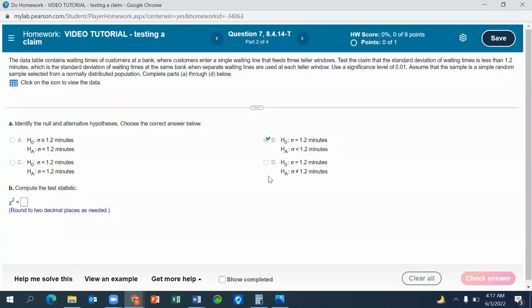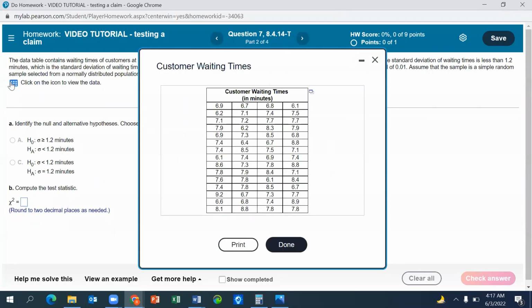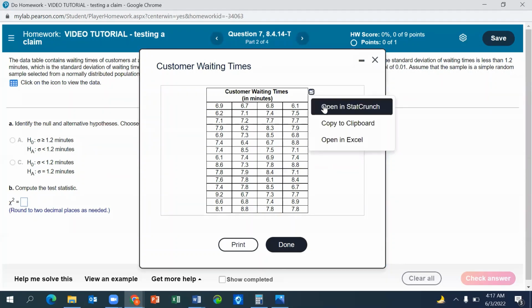Now we need to find the test statistic. The test statistic for standard deviation is chi-square. Now, we don't have the summary of data, but we have the data itself. So you click on the table here, and you go to the little square, or little rectangle. You click on it, and you open it in StatCrunch.